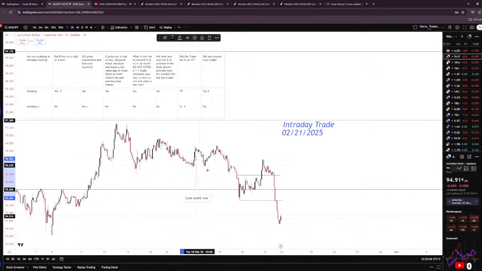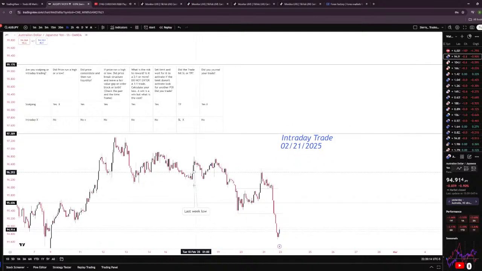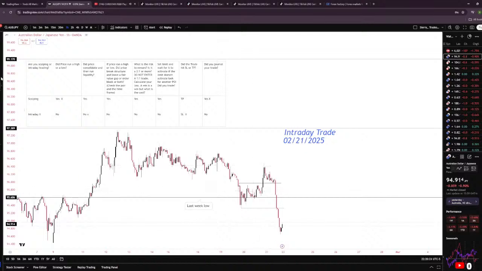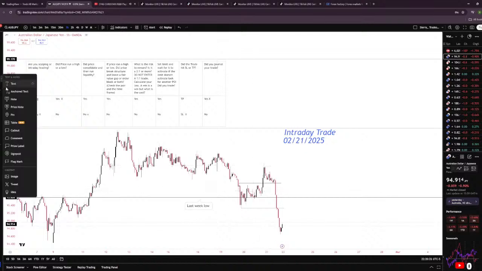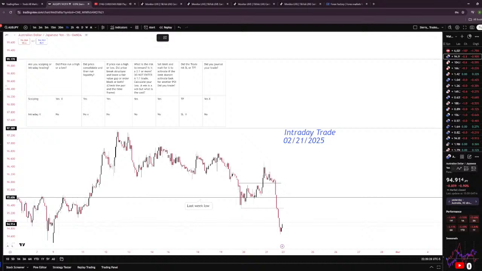So price did run a low, but price did not consolidate. So let's put, this is not consolidation.